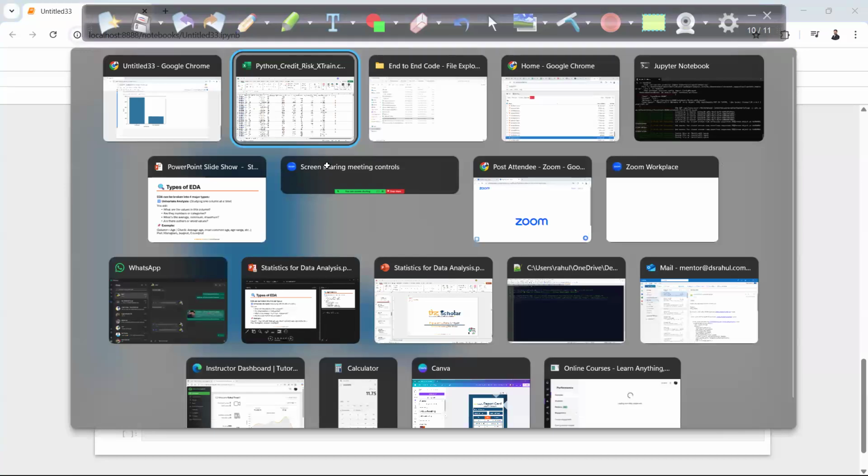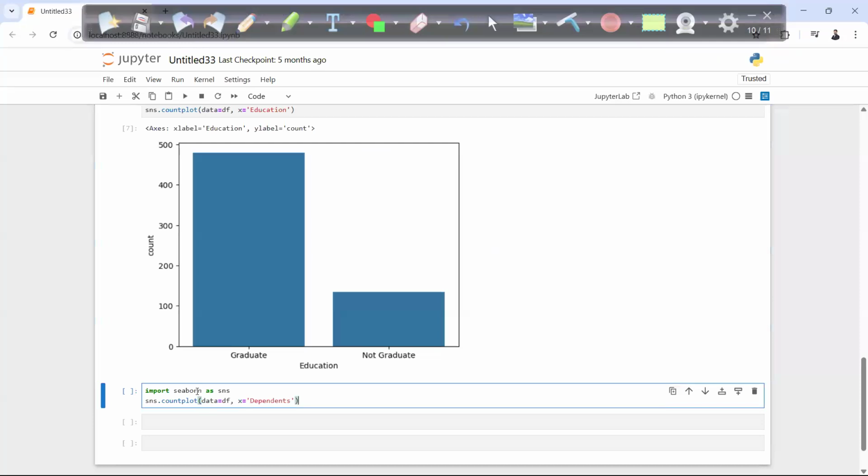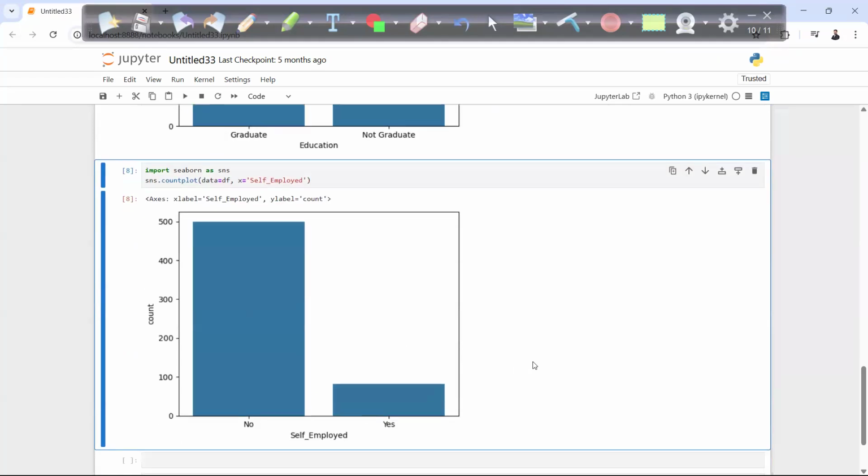Now let's go to the self-employed, right? So let's go and check it out. Self-employed, E capital. So here you can see the chart coming in. From this chart, can you guys tell me whether we have more self-employed or less self-employed?